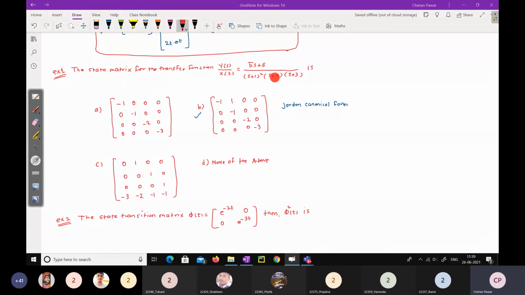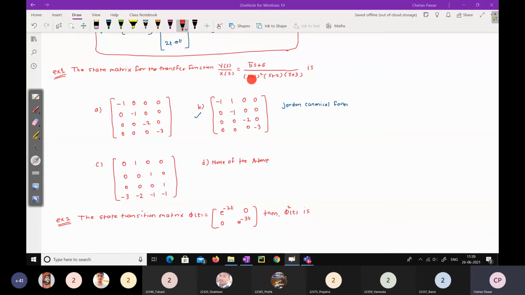So if you see this transfer function, here you can see there are repeated poles. The first matrix is in diagonal canonical form, but we are having repeated poles, right?